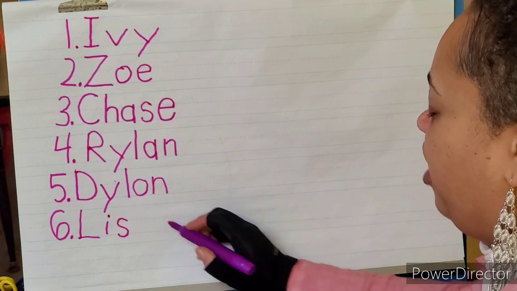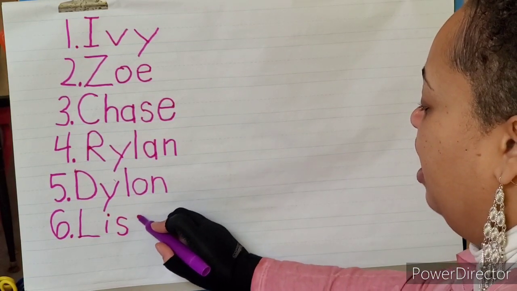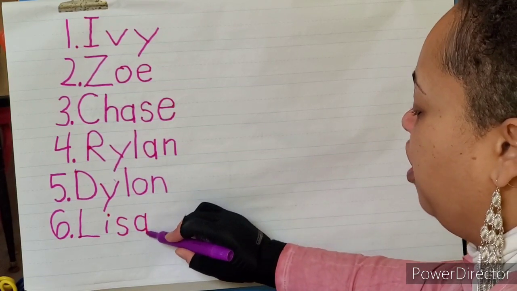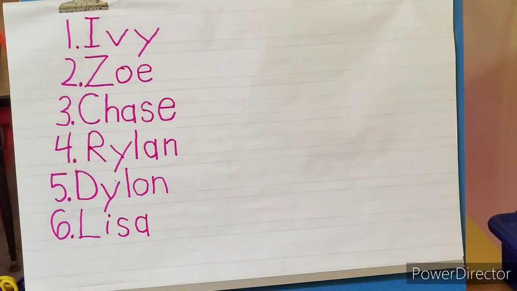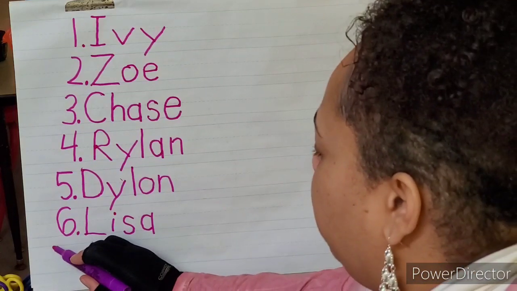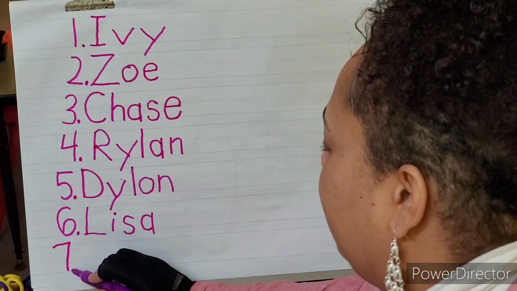It's a lot of curving for an S. And the letter C with a short vertical line for the letter A. Whose name is this, friends? Lisa! All right, let's move on to our next friend, number 7.